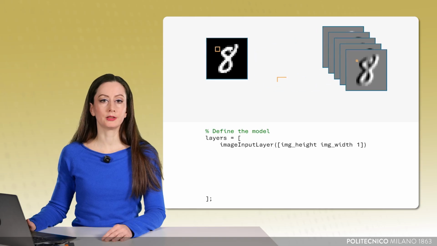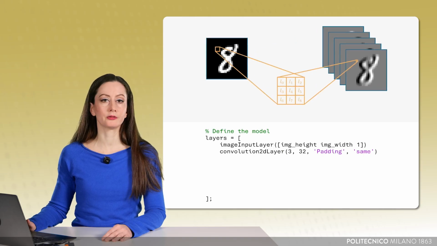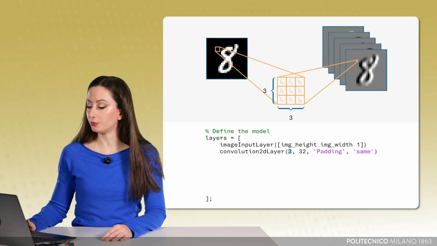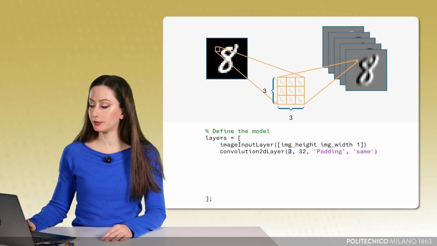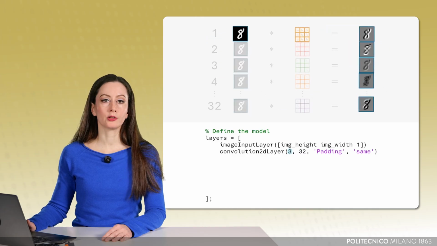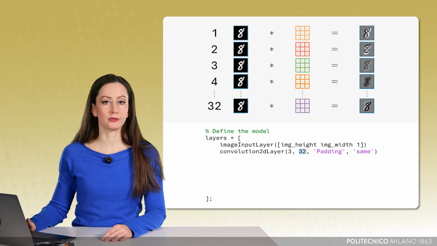So let's see in detail how to define these layers, starting from the convolutional one. The first argument to the convolution 2D layer is the dimension of the filter. In this case, both height and width are set to 3. The second argument, 32, defines the number of filters.